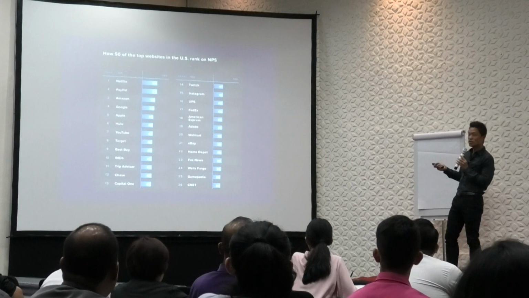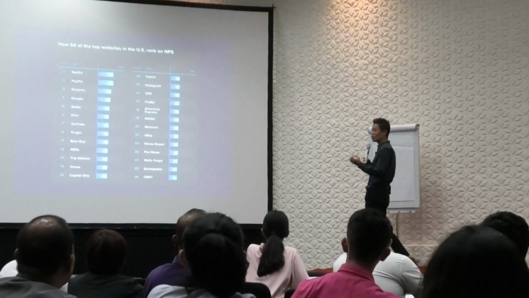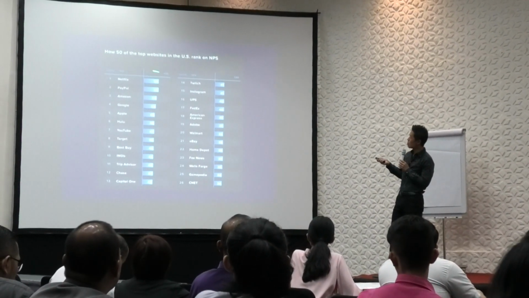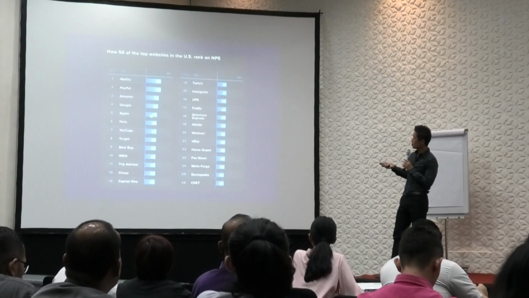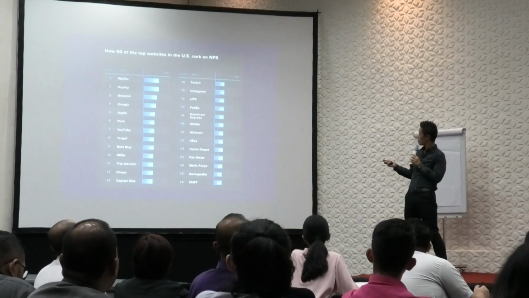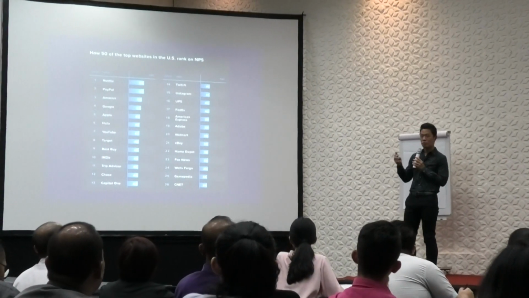Netflix, their NPS is 64. So people say, I will recommend Netflix to my parents and friends. 64 NPS, very, very high. Apple, Google, around 50. YouTube, Walmart, 38. These are the top 50 websites in terms of NPS.